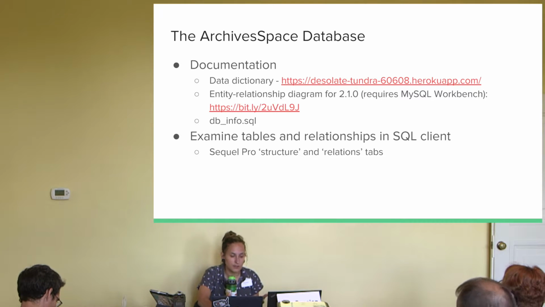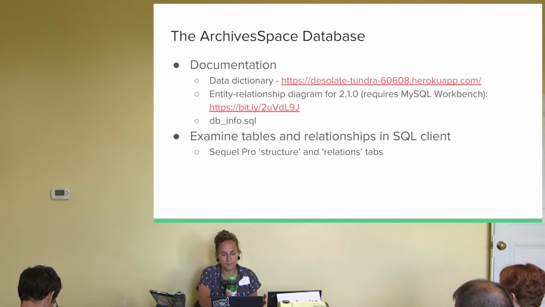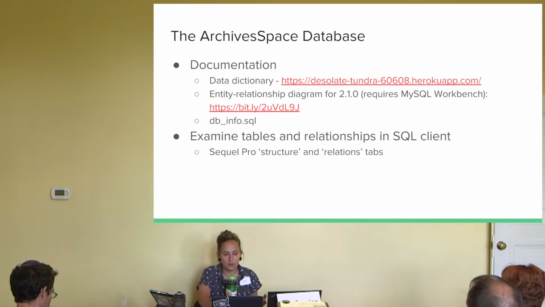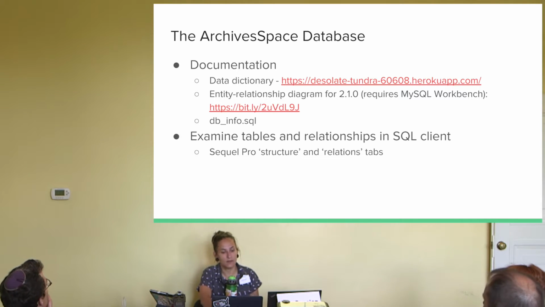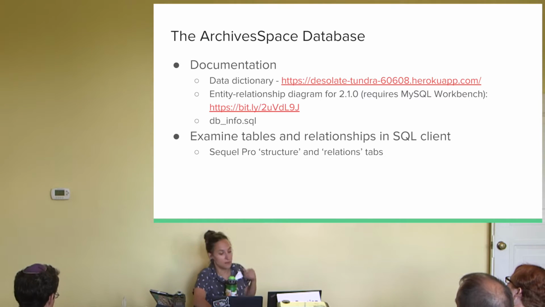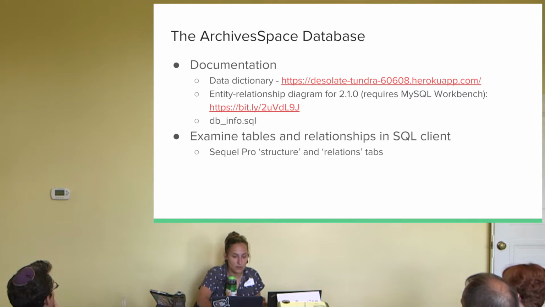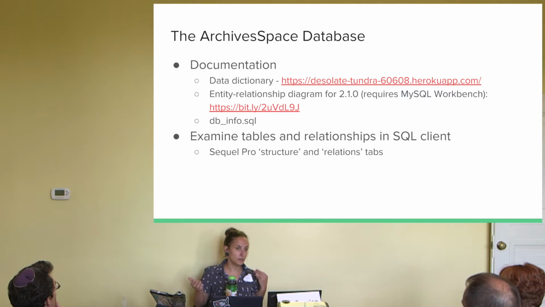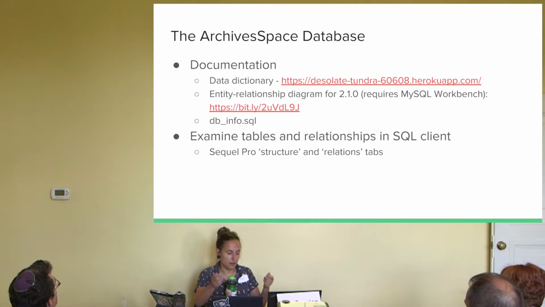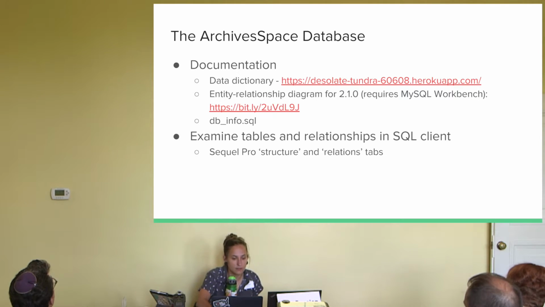So here, for instance, is a table explorer of the structure of the extent table. You'll see here you have all your columns listed. Something I want to mention too: the way that extents and other subrecords are linked to their resources, their archival objects, etc., is through these foreign keys.